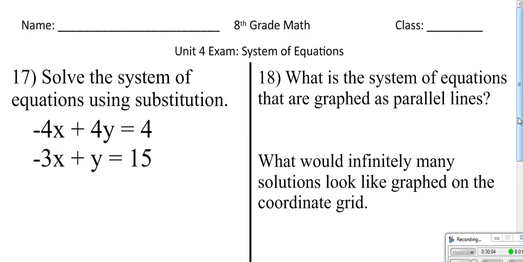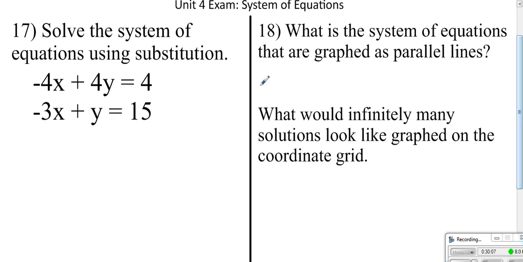Number 17, another substitution problem, and I could see right away that I want to go and solve for y in the second equation, because it's very easy to solve for y there. The 3x's cancel, y comes down, equals 3x plus 15.